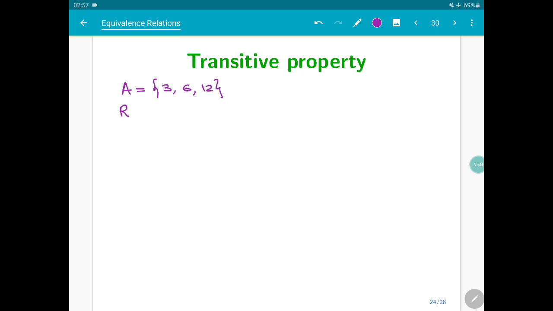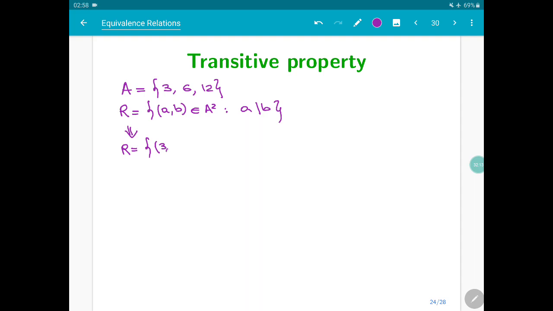And then again, we're going to take the relation where ab belongs to R if and only if a divides b. Okay, it's very easy here to write down R. You will agree with me that every integer divides itself. So this is actually also a reflexive relation.